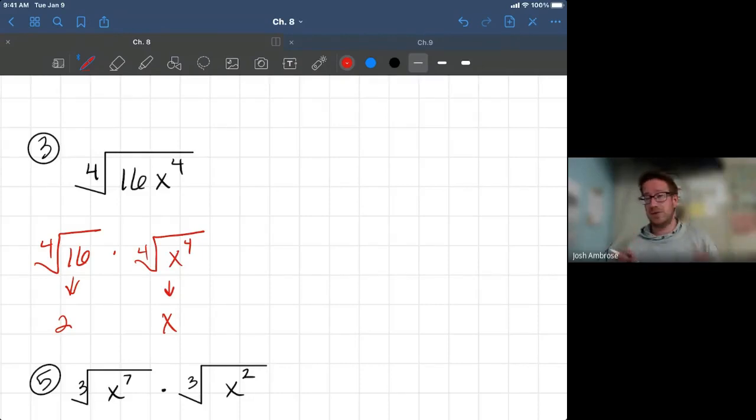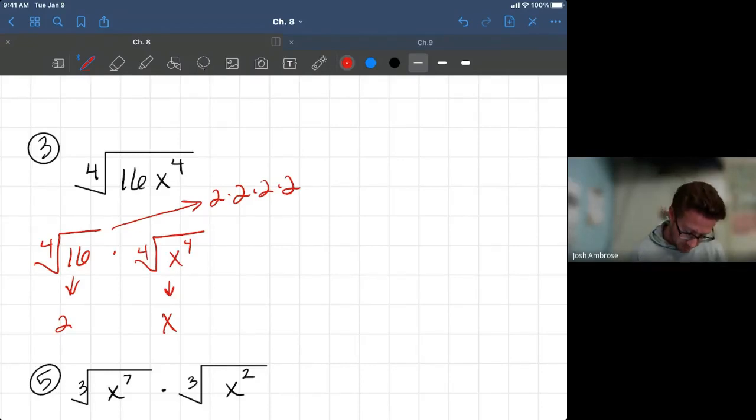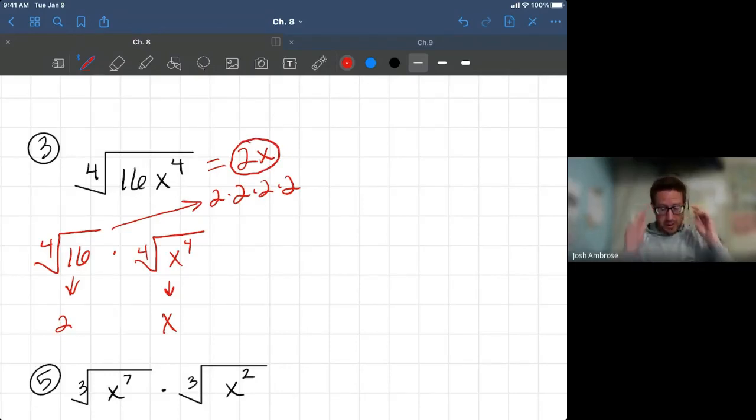Don't say 2 times 4. That's 8. That's not what we're doing. Okay? So just to double check that you understand this, this is saying 2 times 2 times 2 times 2. That's how I get the answer to be the number 2. So all of this right here, it just equals 2x. Okay? All right, just 2x.